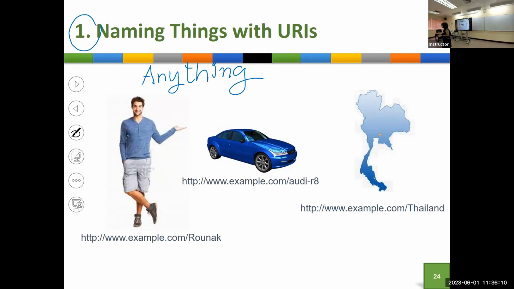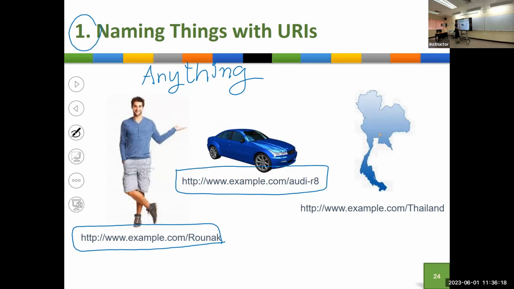Could be about a piece of data, like a file. So everything should have a URI. And URI means unique, right? It is a unique identifier. So every object is identified by a unique URI.